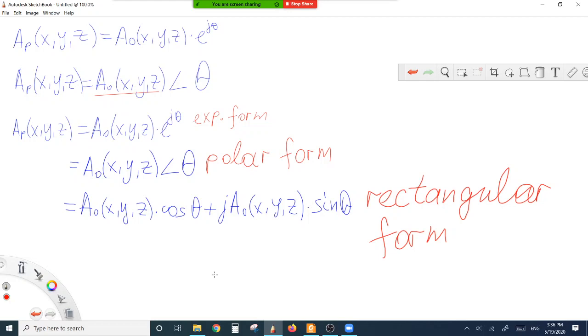So we have the exponential form of phasors, polar form, and rectangular form of phasors. All three are the same, just a matter of notation.